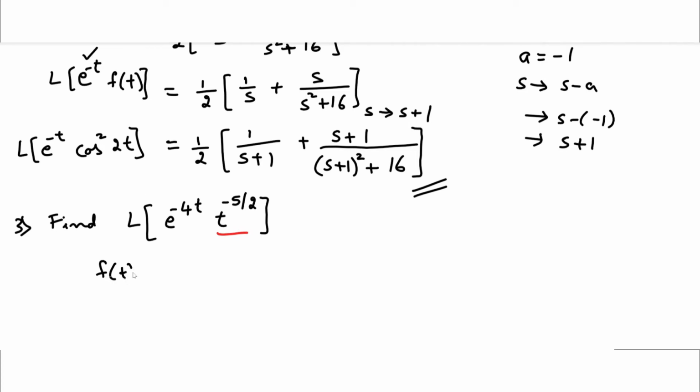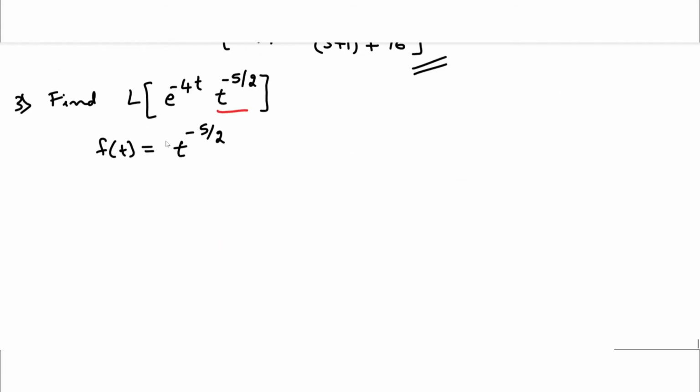So the f of t value we have is nothing but t power of minus 5 by 2. So we have to take the Laplace transform and simplify this result. So the Laplace transform of f of t will be nothing but the Laplace transform of t power of minus 5 by 2. I had already given you the formula in the previous video.